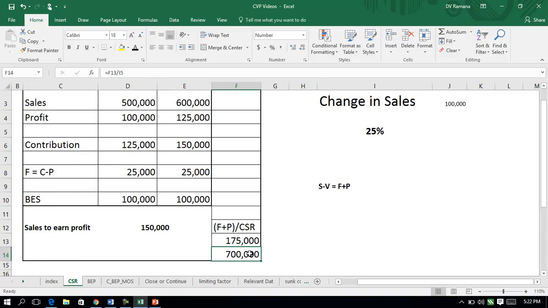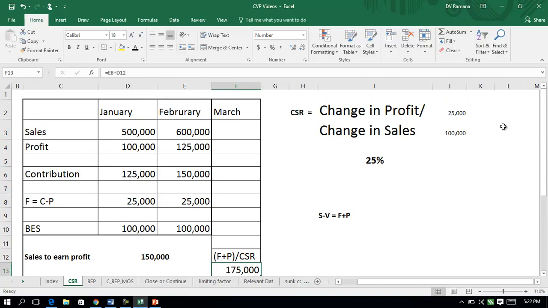If they sell 700,000, then the profit that they are going to get during this period is 150,000, because the contribution in that month will be 175,000, and profit is equal to 175,000 minus fixed cost, that is 25,000. So even if the sales and profit are given, it is possible to find contribution to sales ratio by using this formula: change in profit by change in sales.